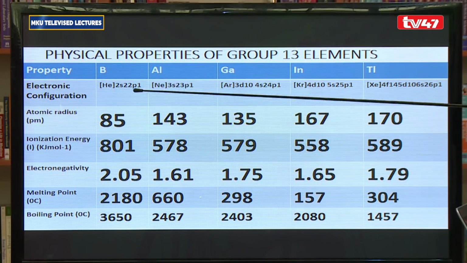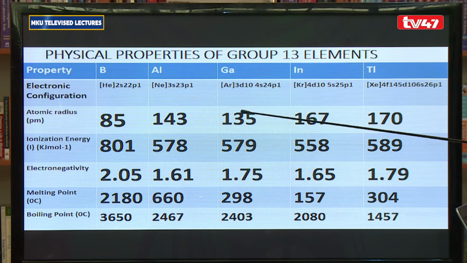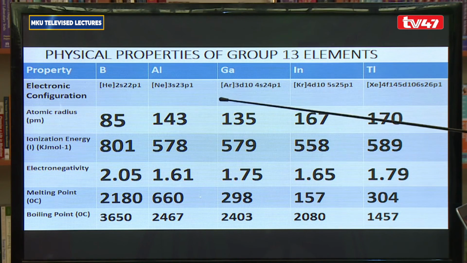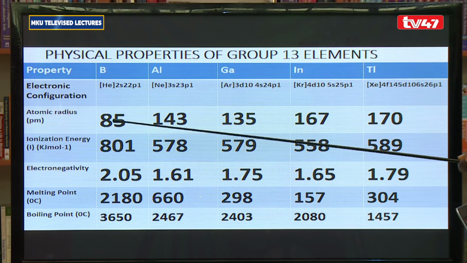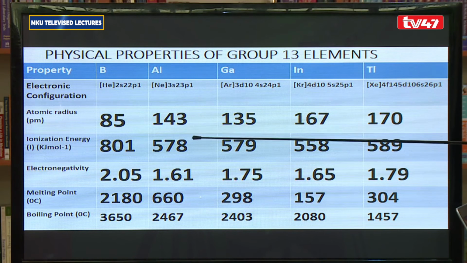As you can see in their configuration, we have s2p1 in all of them: boron, aluminium, gallium, indium, and thallium. Now, if we look at the atomic radius, boron is 85 picometers, aluminium is 143, gallium 135, indium 167, and thallium 170.